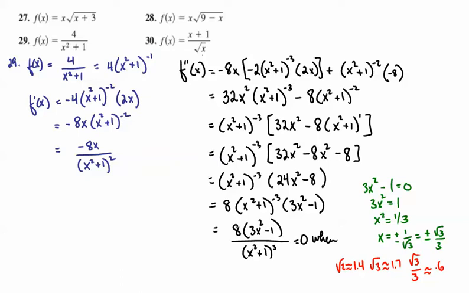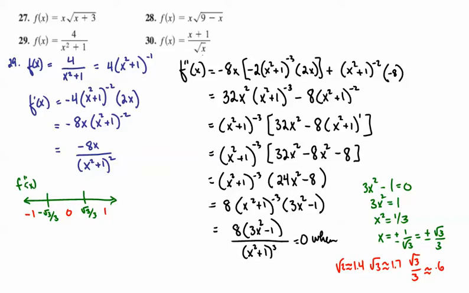We can make our number line, and we have potential points of inflection at negative root 3 over 3 and positive root 3 over 3. I have 0 as a test point, negative 1, positive 1, and we're working with the second derivative here.